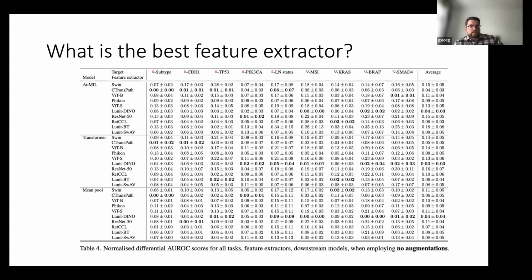So I don't know exactly about C-trans path. And then Lunit-DINO was also trained on just the entirety of TCGA, I think, without an additional internal proprietary cohort. But yeah, I think TCGA itself is biased towards breast cancer if you look at all of the slides. Yeah.